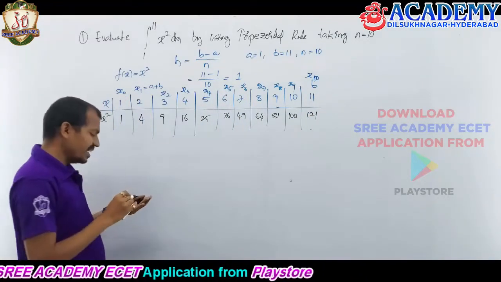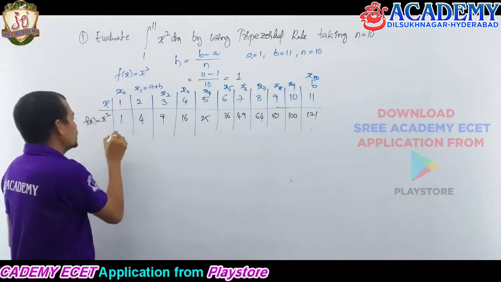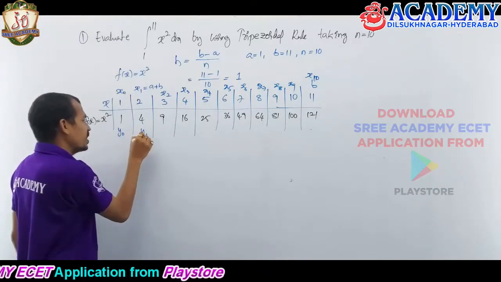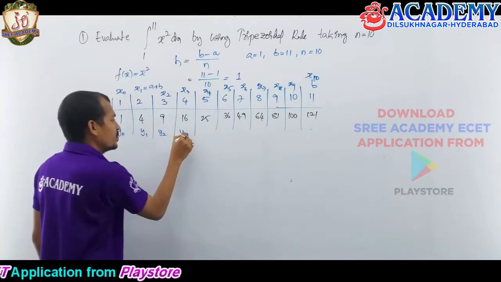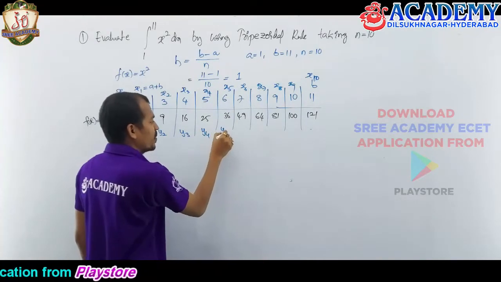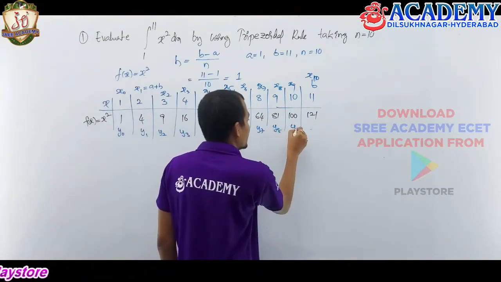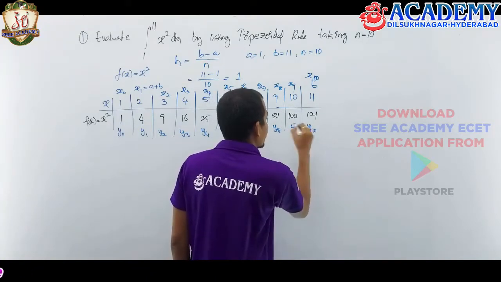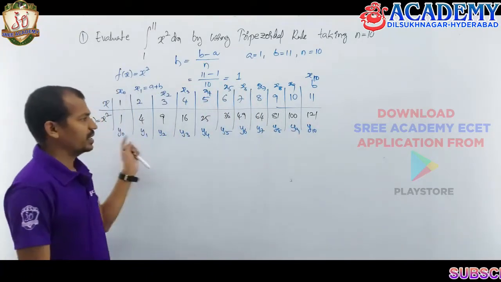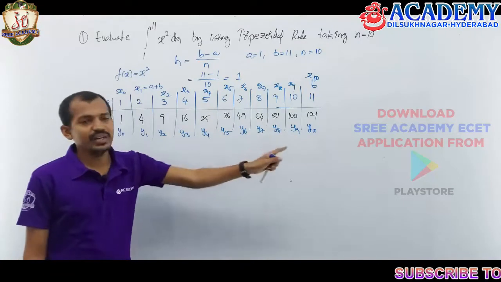These are y naught, y1, y2, y3, y4, y5, y6, y7, y8, y9, y10, that is y naught to yn.